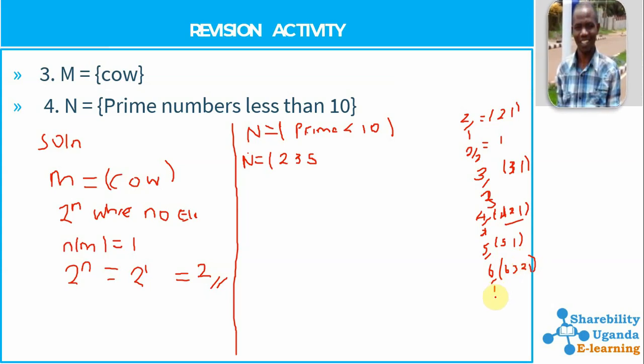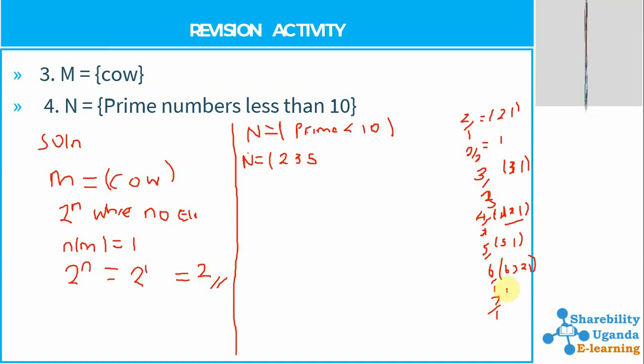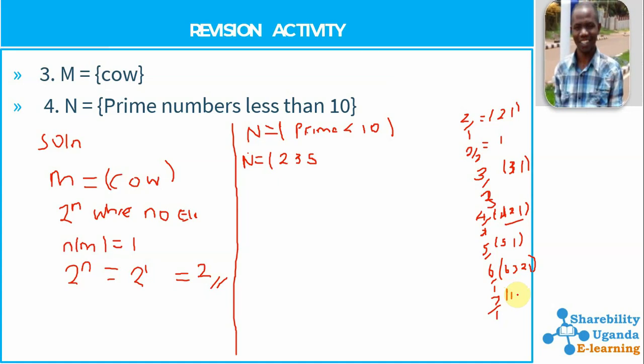number. Let's also go to 7. What is 7 divided by 1? 7 divided by 1 we get 7. Divided by 2, that is impossible, we get a remainder. Then also, what is 7 divided by 3? It is also impossible. Divided by 4, also impossible.